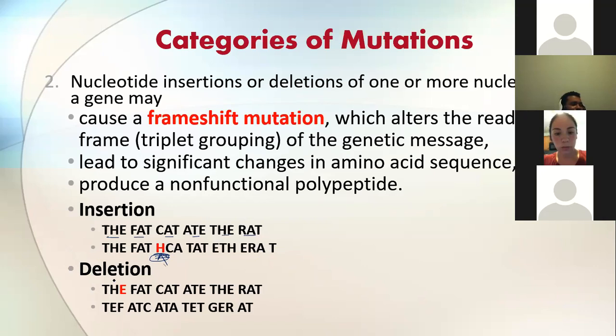Okay, another one, the fat cat ate the rat. That E nitrogenous base has been deleted, and the cell cannot read. And this type of mutation changes the entire frame. It was not like just AAG, proline, instead of proline it is making AUG, methionine.